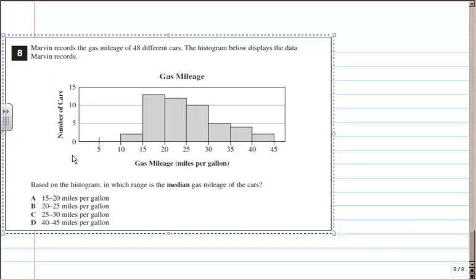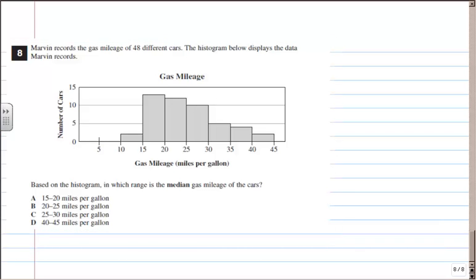The graph: horizontal line, gas mileage, miles per gallon, number of cars. The question is, based on the histogram, in which range is the median gas mileage? You have the options here, A, B, C, D.